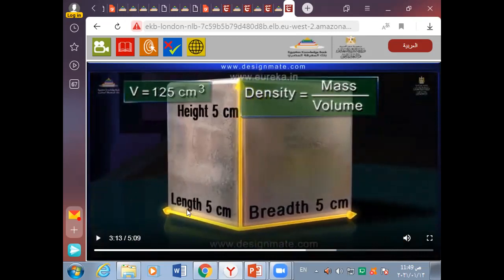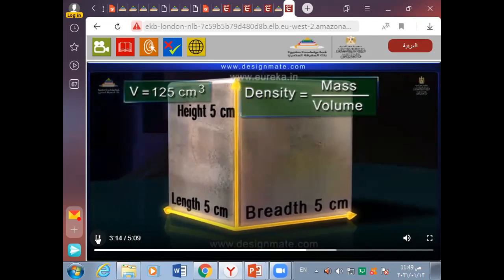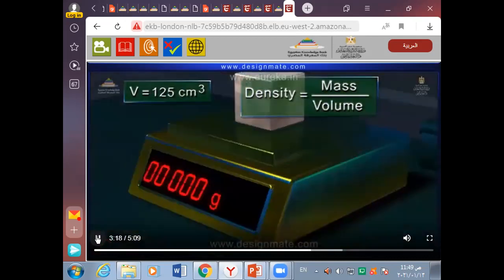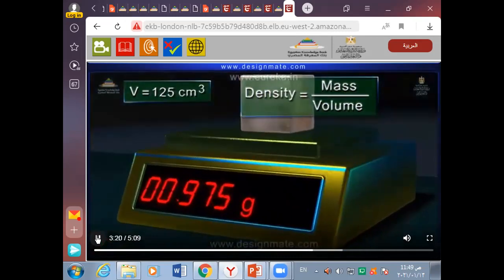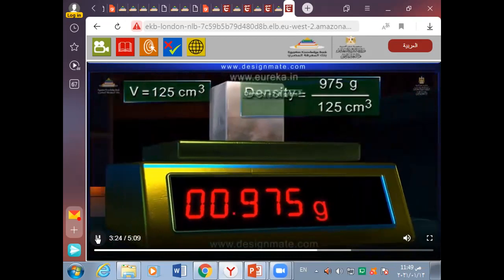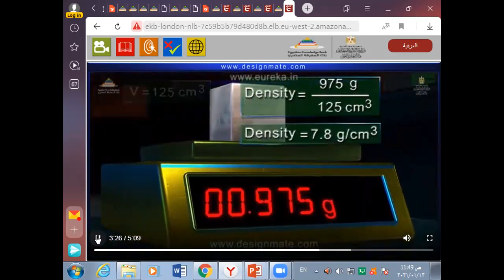Of course, this is a regular body, okay? Regular object, not irregular. By placing it on a weighing scale, we find its mass to be 975 grams. Now, placing the values in the formula, we get the density of iron as 7.8 grams per centimeter cubed.